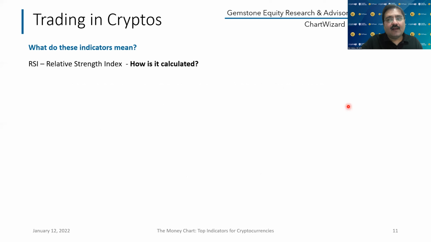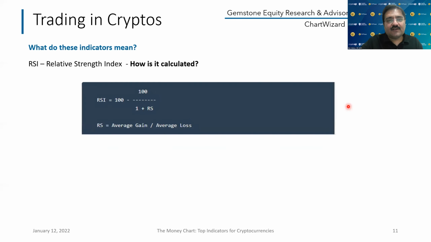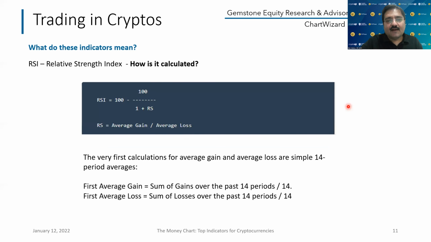And its calculation is pretty simple. We take the average gain of the last 14 days and the average loss of the last 14 days, and that gives us RS, that is relative strength. Using this formula, we calculate the RSI.